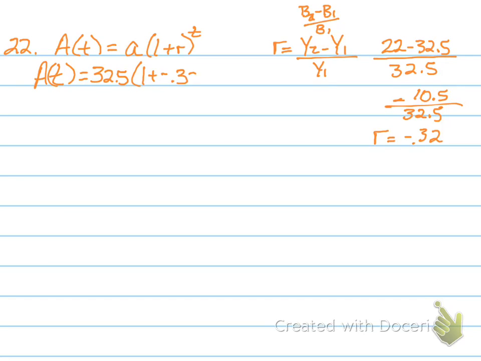Negative 0.32, to the fourth bounce. Okay, so y is equal to 32.5 times, and then 1 minus 0.32 is 0.68 to the fourth.